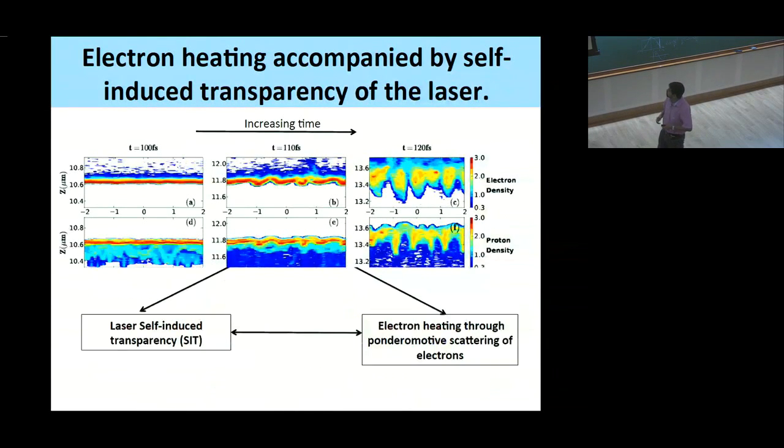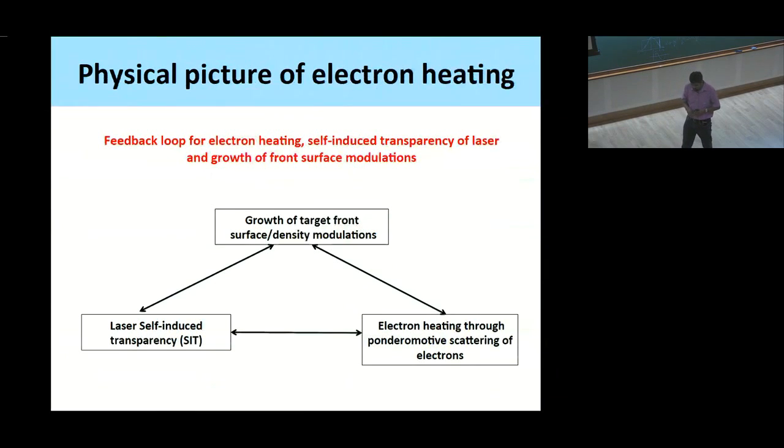So this overall summarizes what is typically happening in this kind of acceleration, where you start producing these surface or density modulations. It could be an initial seed Rayleigh-Taylor-like instability or some other instability; I'm still not 100% sure.